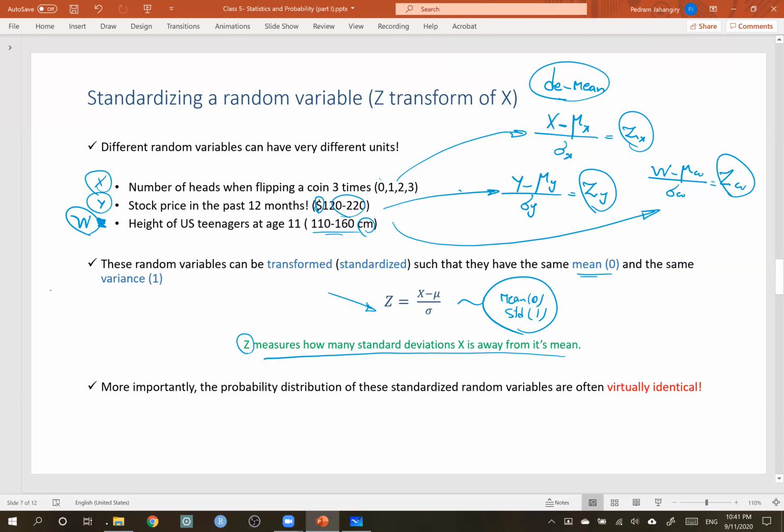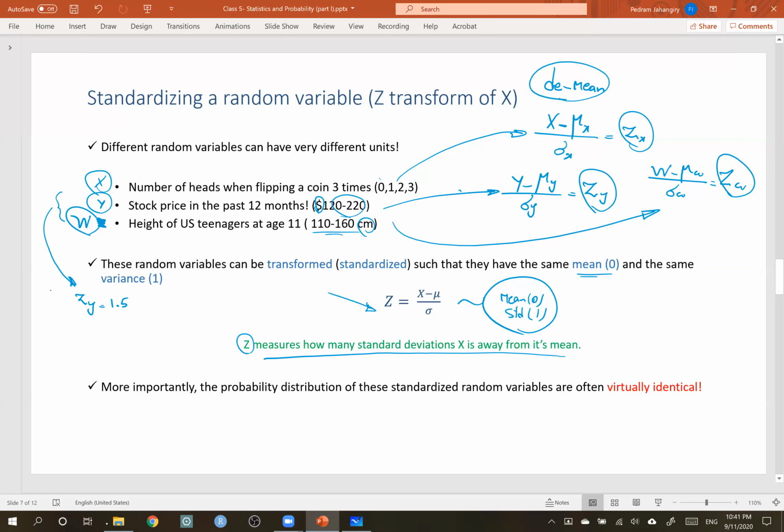So let me give you one example for y, so for these two. If I say z of y is equal to 1.5, what does it mean? It means that the stock price is 1.5 standard deviations above its average. I don't know what the average of the stock price is, okay?